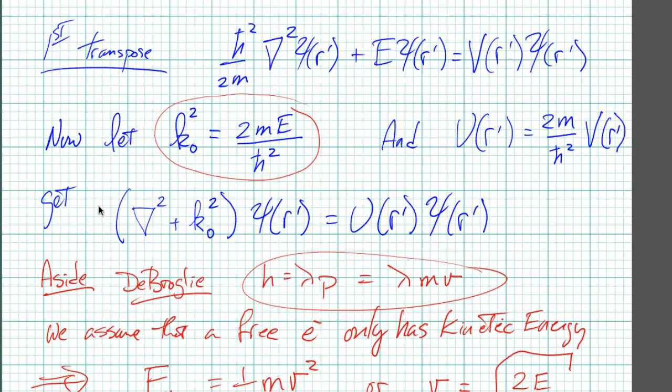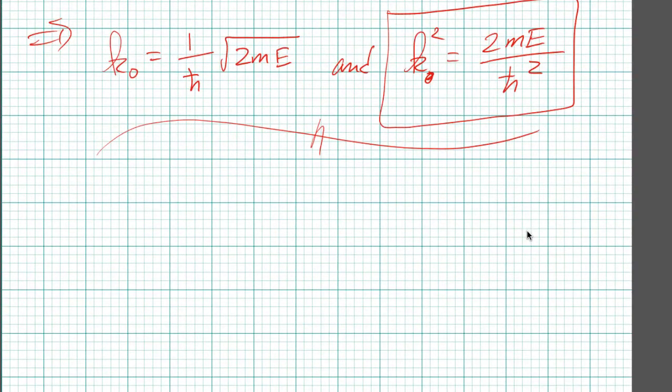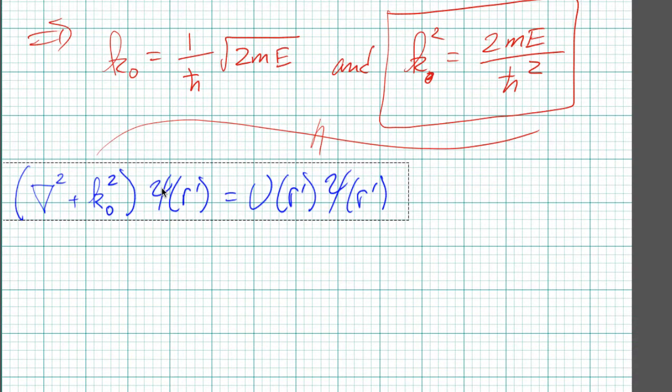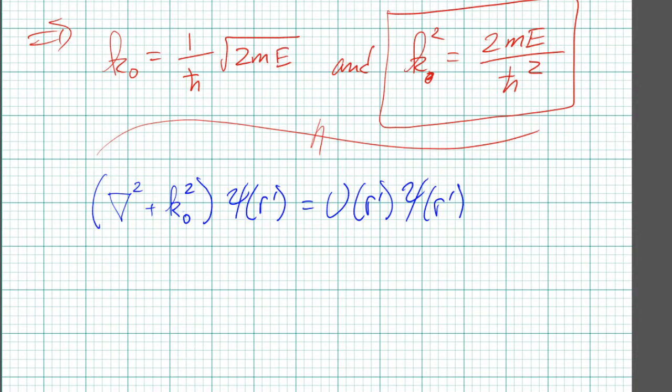So we're going to take this and we're going to put it right here. Okie doke. So now we're all set. We've got a nice operator equation, and all we have to do is solve this.